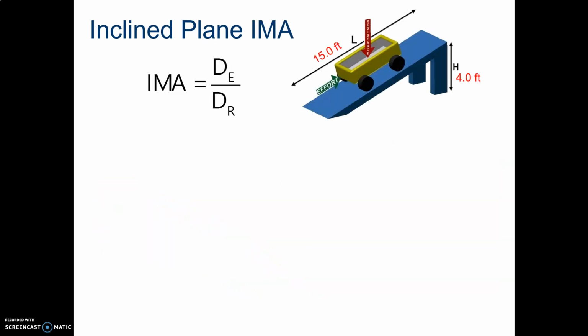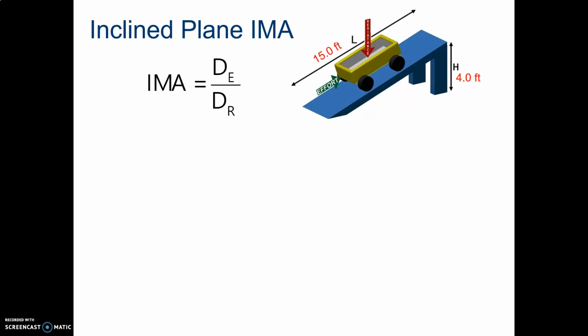The ideal mechanical advantage is found the same way as when we looked at the lever and the wheel and axle. It is the effort distance divided by the resistance distance. And in this case of this simple machine, the effort distance is going to be the slanted distance. So it is the 15 feet, while the resistance distance is going to be the height.